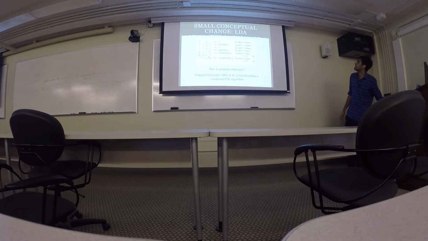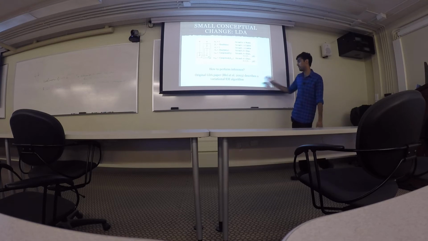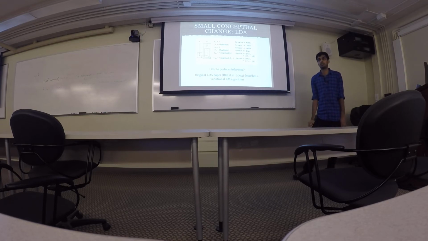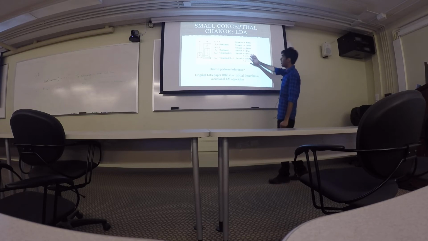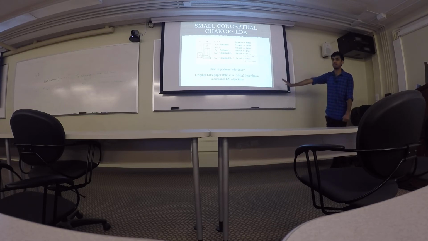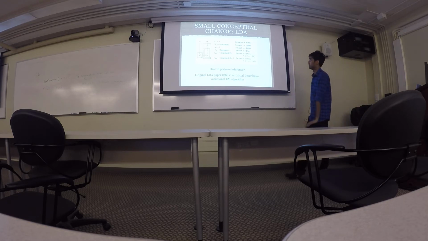Okay. So is Gibbs sampling the only thing? No. What if I want to try the variational EM algorithm that was described in the original David Blei paper? It's the same model, but I'm changing the inference algorithm a little bit. Earlier, I kept the inference algorithm the same but changed the model. Here, I'm doing the reverse.